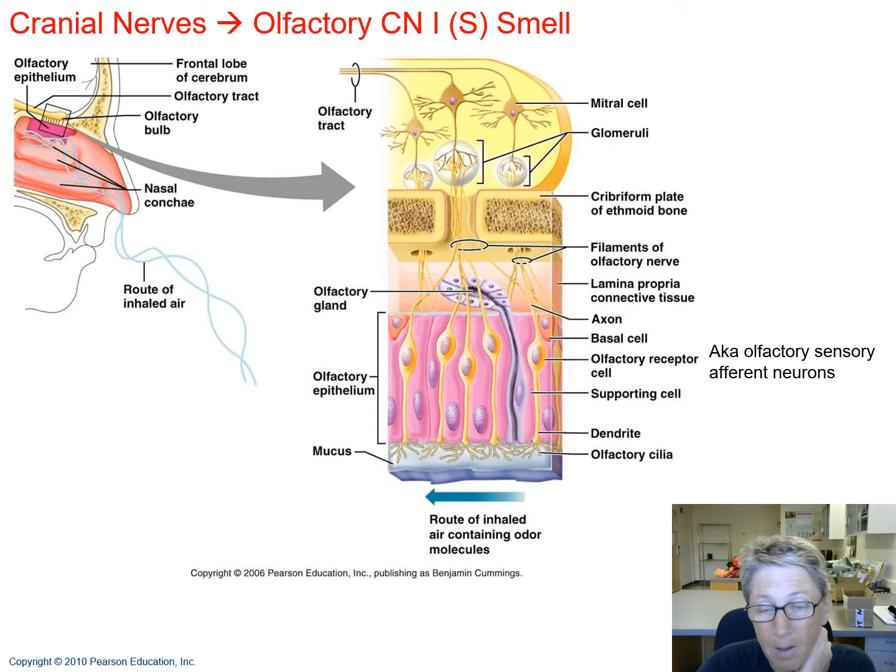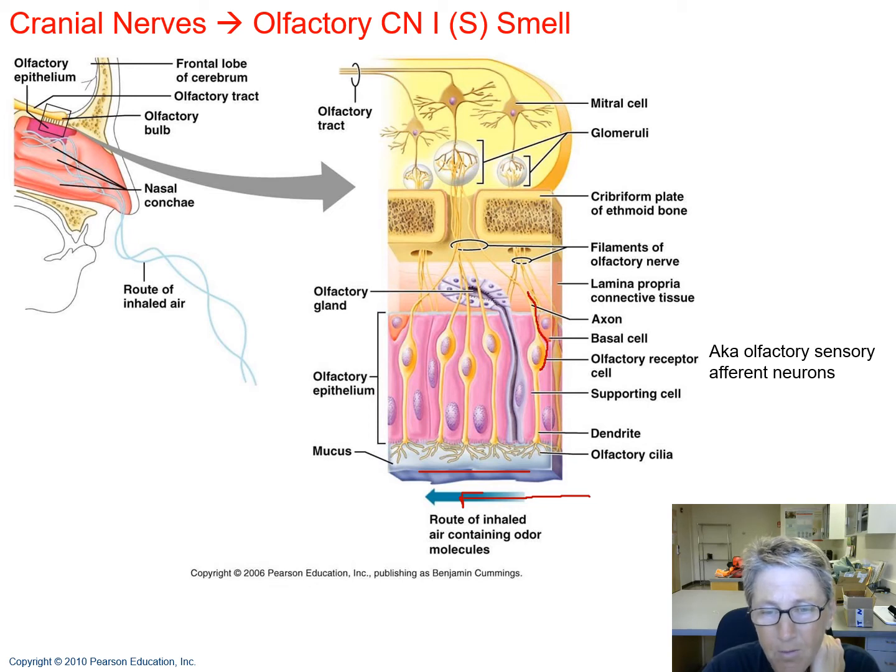So if you look down, and we'll see this cartoon again when we do the olfactory system, when we do the special senses. So the route of inhaled air, the air is coming in this way, and you have some mucus, as you know, in the roof of your nasal cavity. And then here's the olfactory sensory afferent neuron.